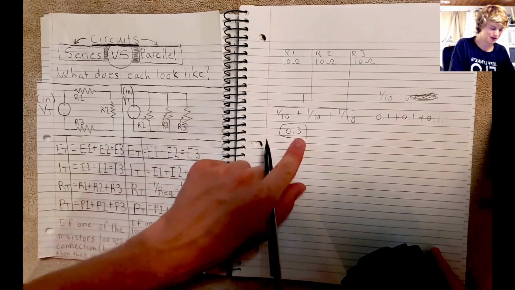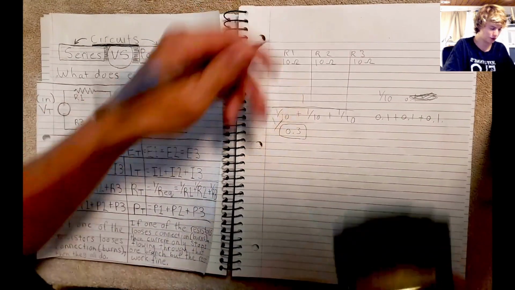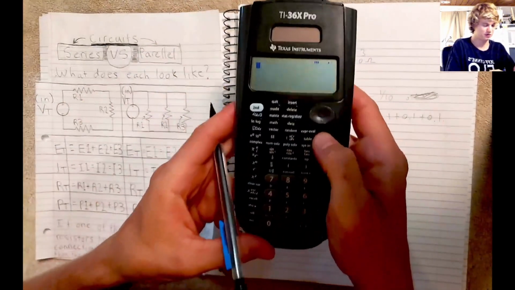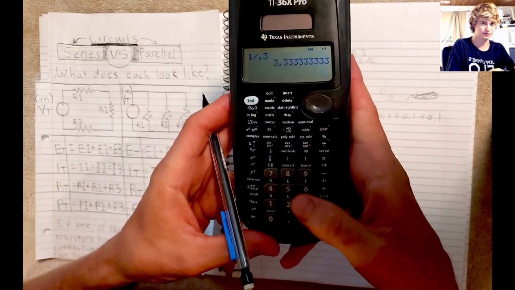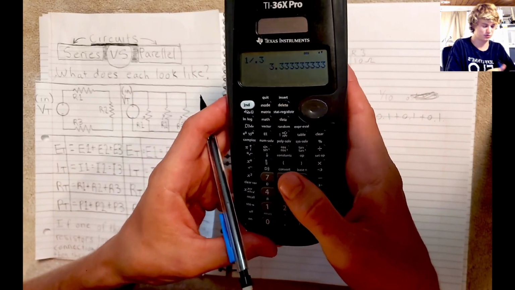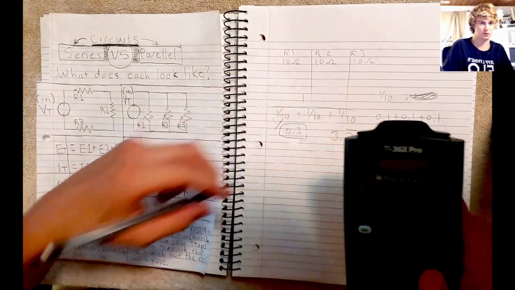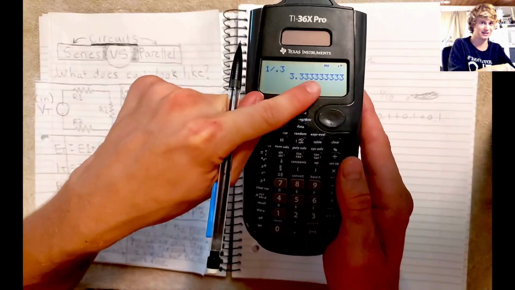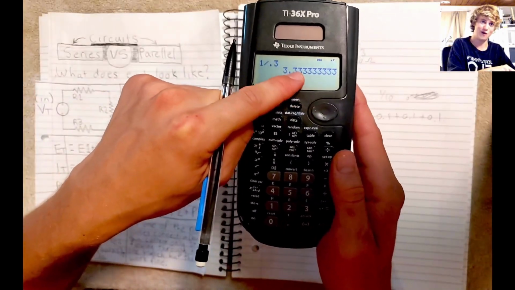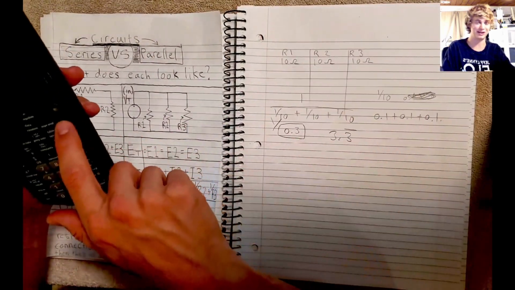So now that we have the R equals, which is this formula, now we have to do 1 over 0.3. So now 1 divided by 0.3. And as you can see, we get 3.3 repeating. Write that down, because you're either going to write as many 3's as you possibly can, like here, to get closer to your answer, or you might just do one or maybe two of the 3's to get closer to your accurate answer.